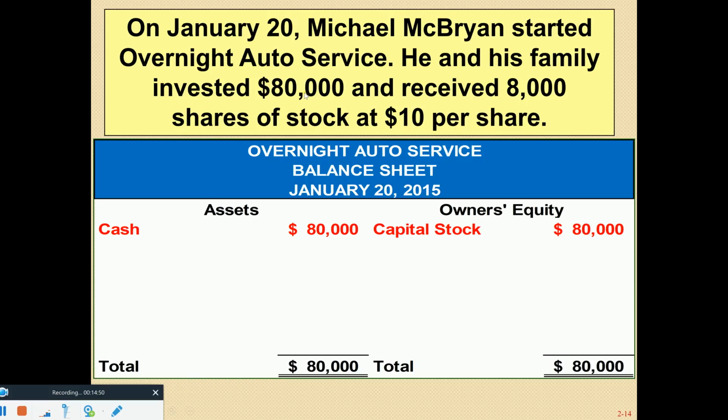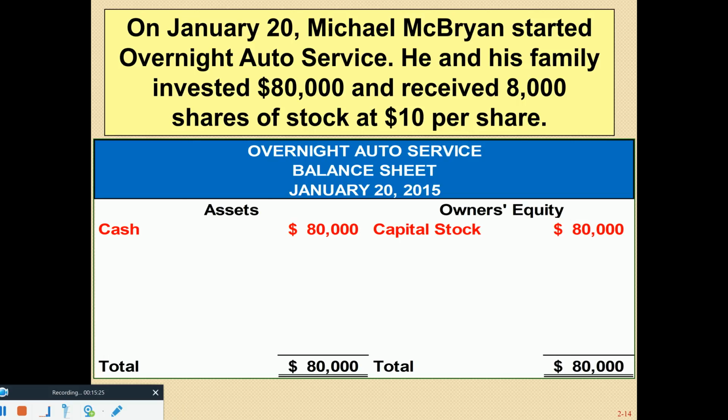The company received $80,000. So my cash account is going to increase $80,000. In exchange, the company gave out ownership shares to this new owner, Michael McBrien. So the capital stock account, which is under the equity category, is going to increase. So does my accounting equation equal? And you can see me going back and forth here. Yes, it does.